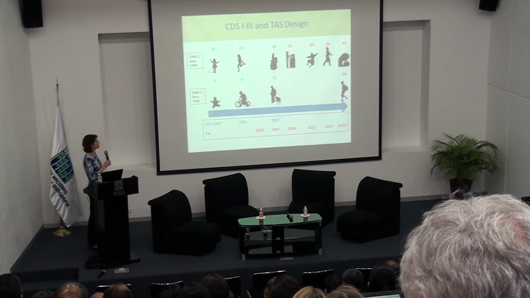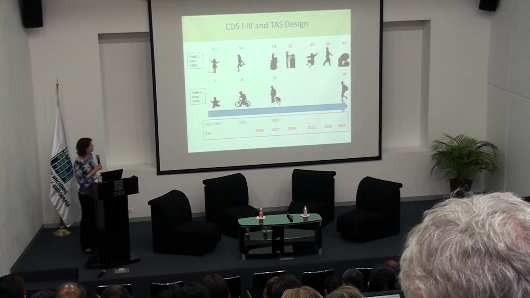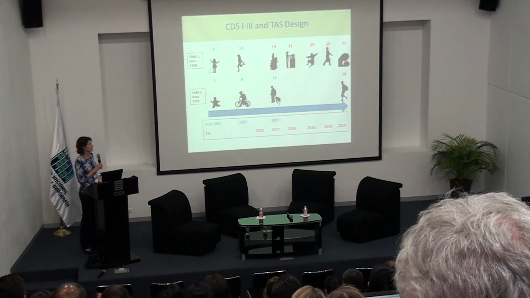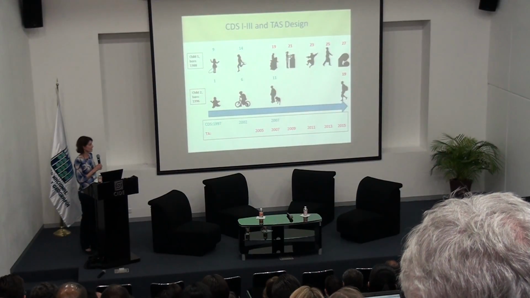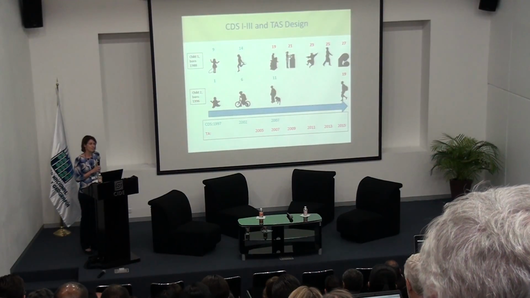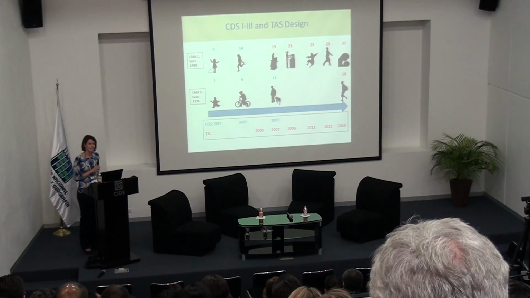So she was in the Transition into Adulthood Study and observed 5 times between ages 19 and 27. Her younger brother was an infant in 1996 and was observed 3 times in CDS as a 1-year-old, a 6-year-old, and an 11-year-old, and then we didn't observe him again until he entered the Transition into Adulthood Study as a 19-year-old.